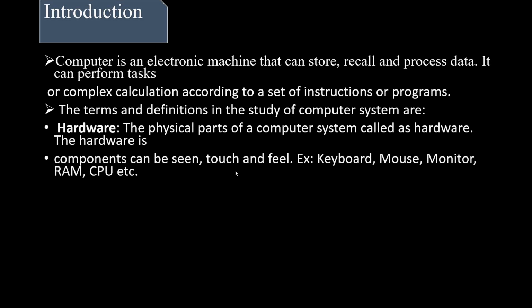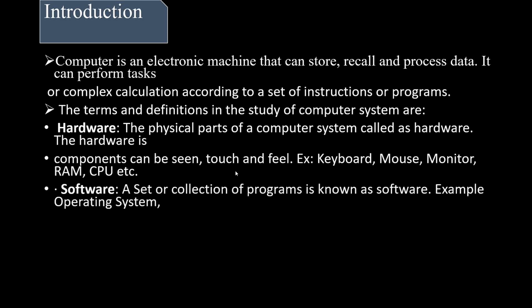To study computer systems, we need hardware, software, data and users. We can see them one by one in detail. Hardware is the physical property of a computer system. The components of hardware are keyboard, mouse, monitor, CPU, etc. We can touch and feel them.